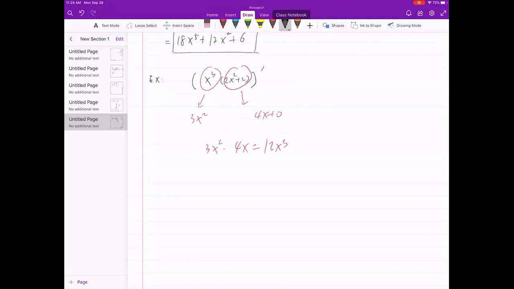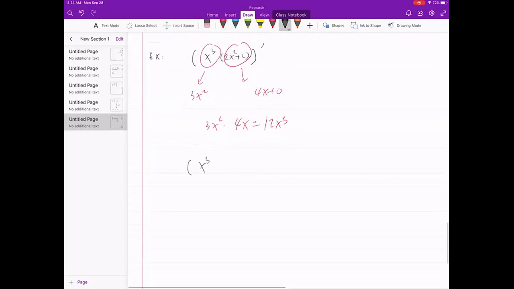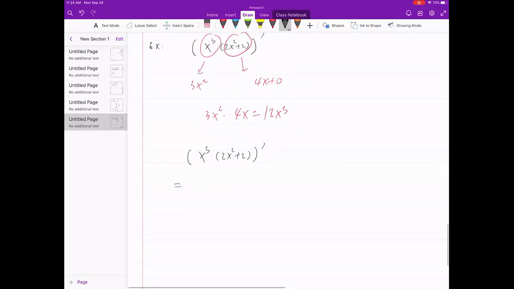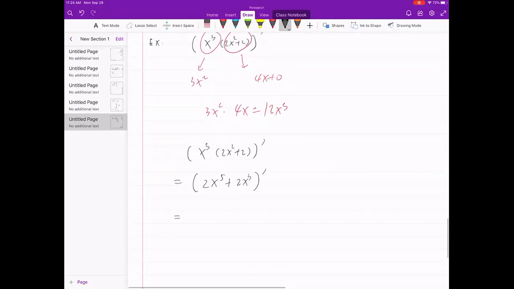Good, good, very good. Now, I want to mention a thing. I can go a different way. I can first FOIL everything out, right? And don't take the derivative. Let's first FOIL everything out. And if I do things this way, I should get the same answer because it shouldn't depend on which way I do it, right?